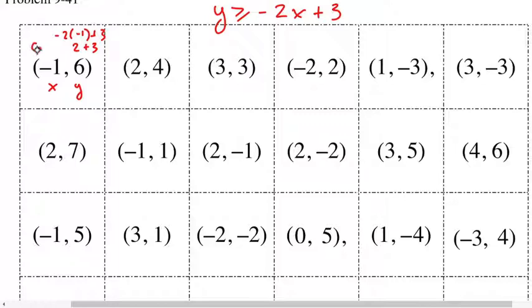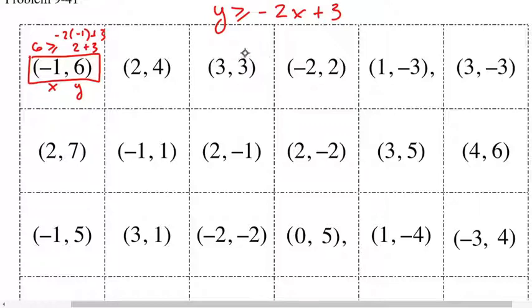Well, is it true that 6 is greater than or equal to 5? Yes, it is true that 6 is larger than or equal to 5. So this is a point that I want to remember because this point makes this inequality true.